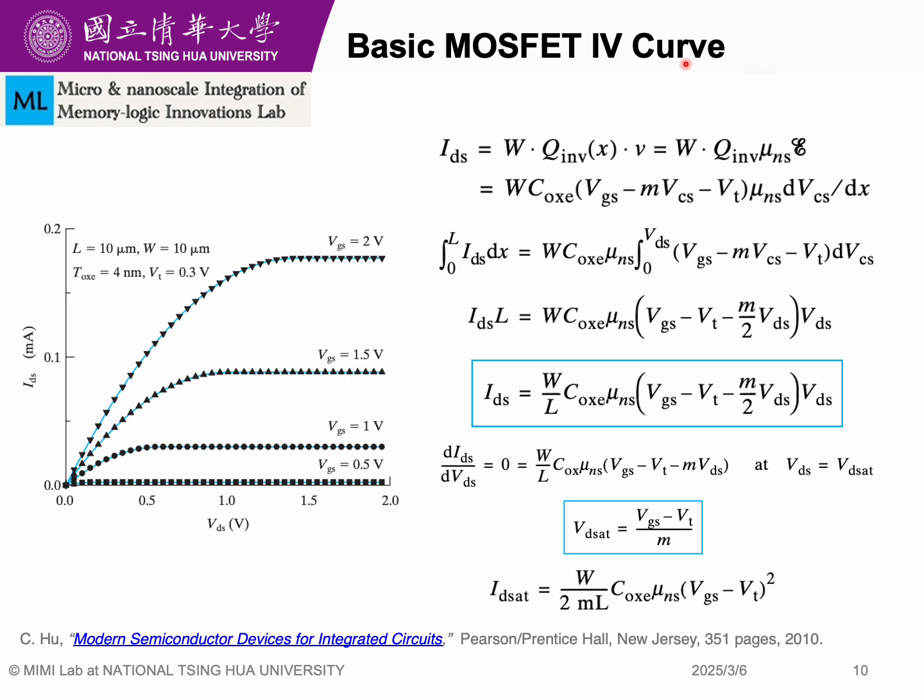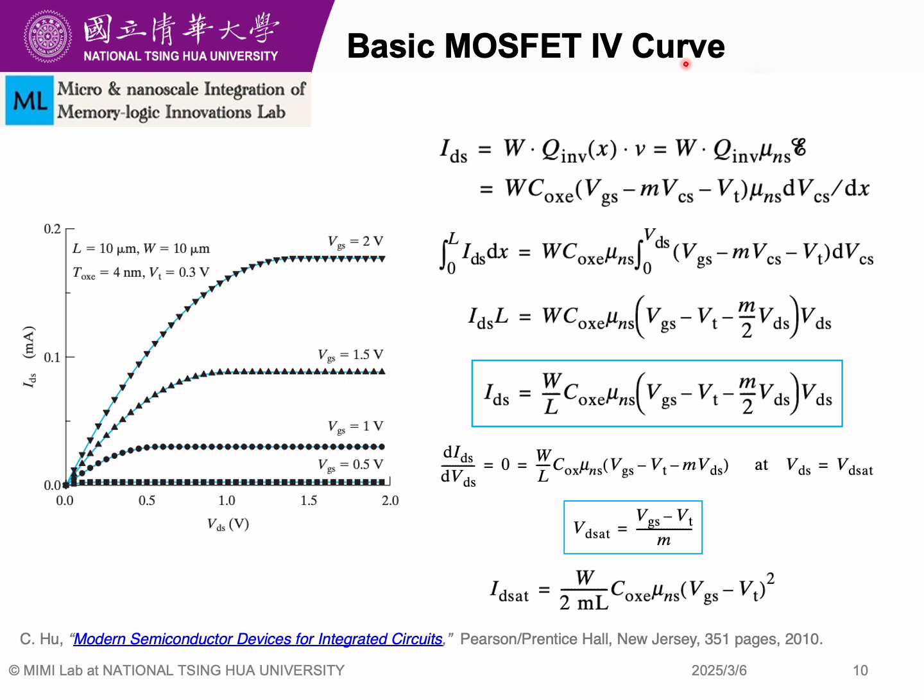This introduces complexities because the channel voltage is no longer uniform but varies along the channel length. To analyze this, we employ the gradual channel approximation, which assumes that the electric field along the channel is much smaller than the field perpendicular to the channel.